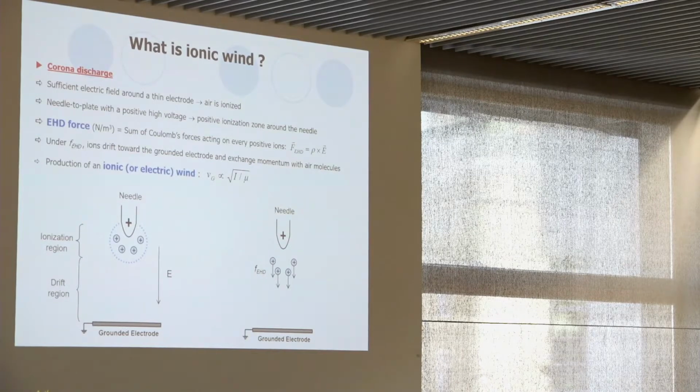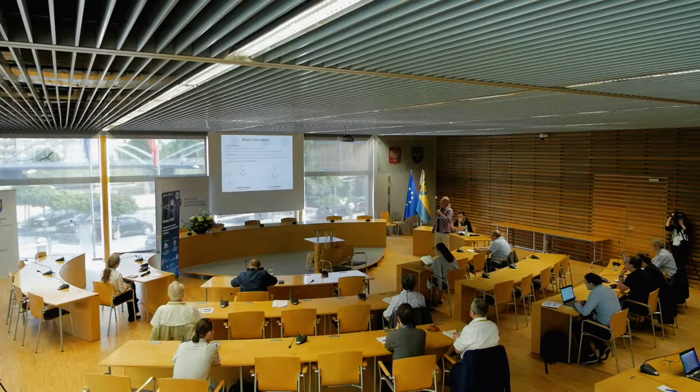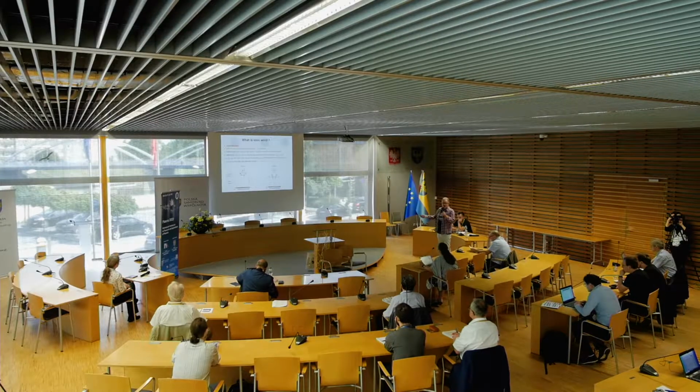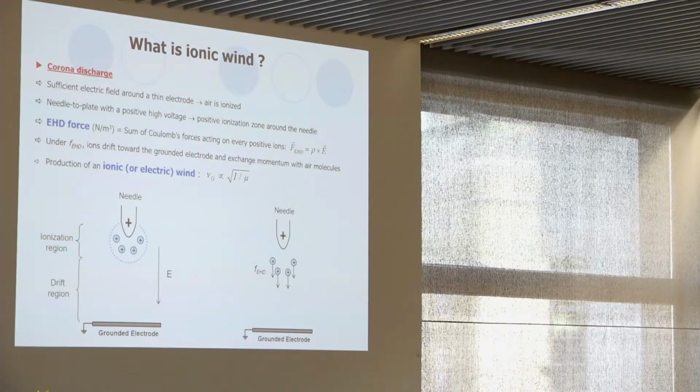Then the EHD force, for electrohydrodynamic, is the sum of each Coulomb force acting on each produced positive ion. Under this force, the ions drift towards the grounded electrode, as we can see here. They exchange momentum with the air molecules, and airflow is produced, which is called ionic wind or electric wind.